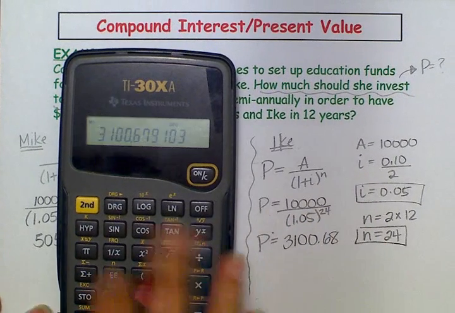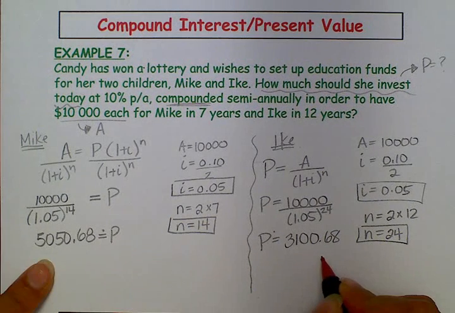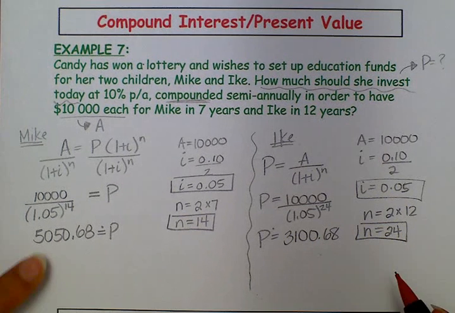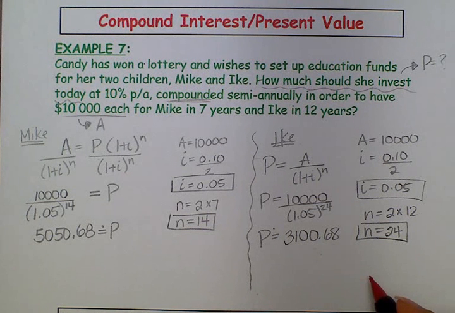Okay, so that's how much you should invest for Ike, and that's how much you should invest for Mike. And that makes sense because she's investing for a longer period of time for Ike and a much shorter period of time for Mike. So obviously for Ike, she should invest a smaller amount.